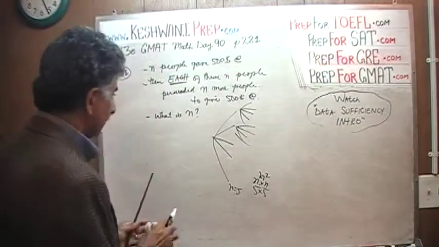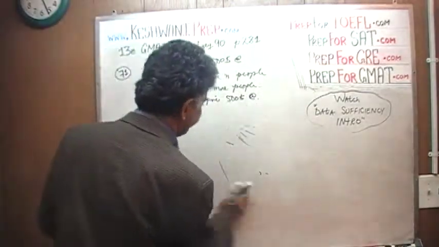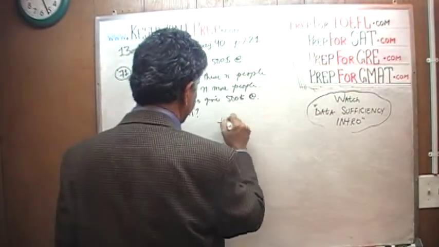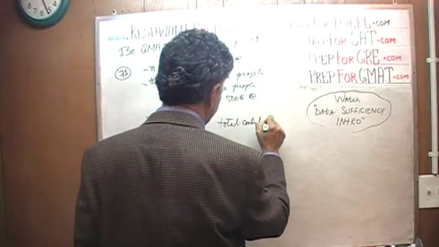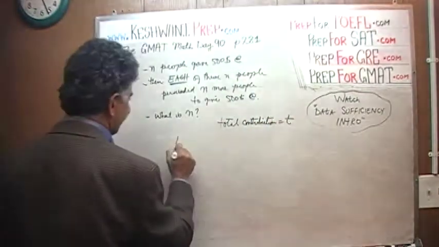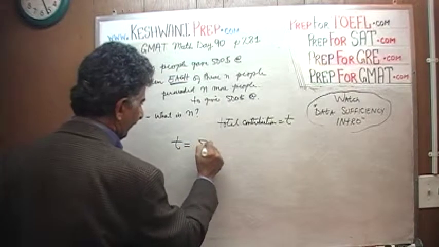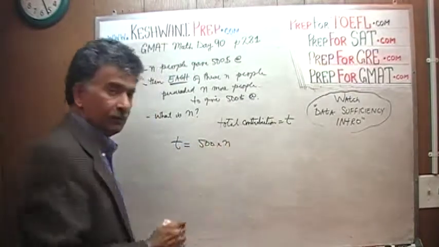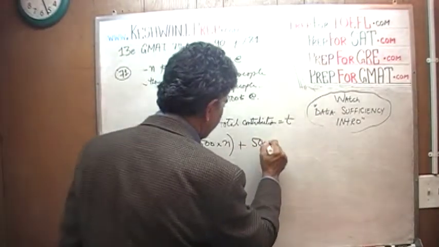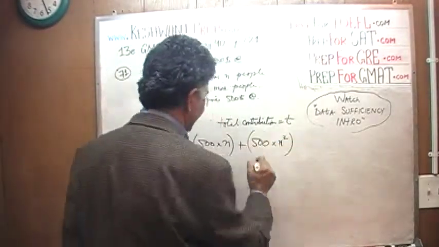So the equation looks like this. The total contribution, let's call it T, is going to be 500 times N, which is the first round, and then 500 times N squared, which is the second round.